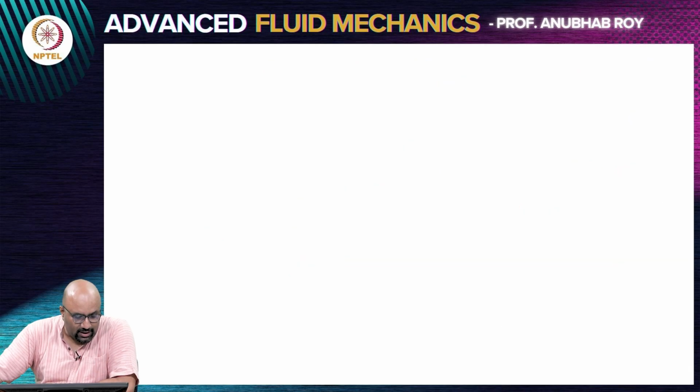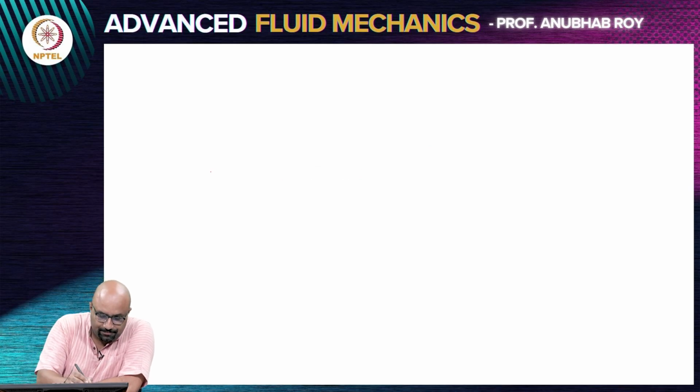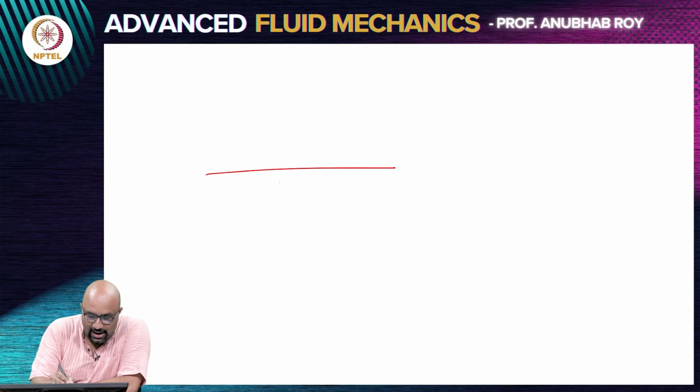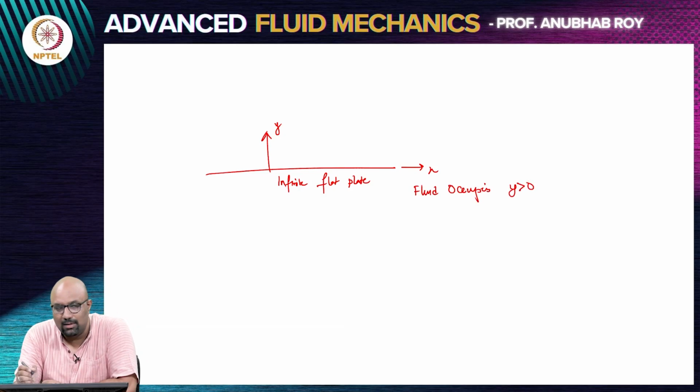So, we will pick a problem and try to see this explicitly. Instead of taking the two plate problem, which is a slightly more difficult problem, we will consider an infinite flat plate. This is my x coordinate, there is a y coordinate, and the fluid occupies the semi-infinite plane.